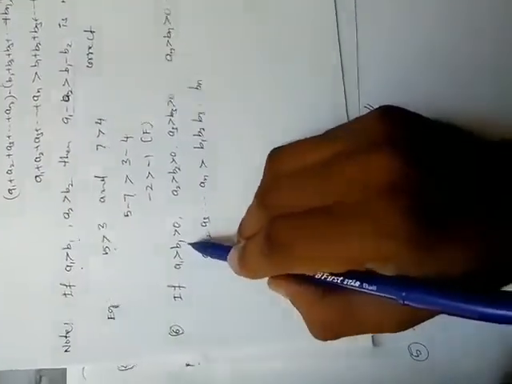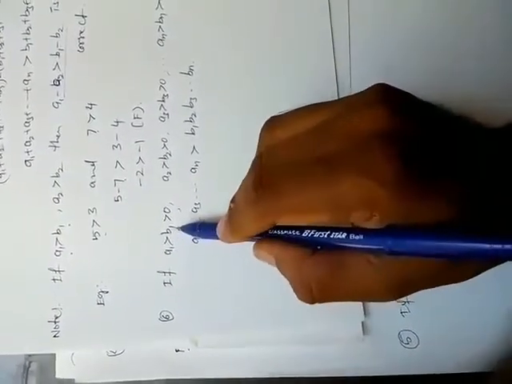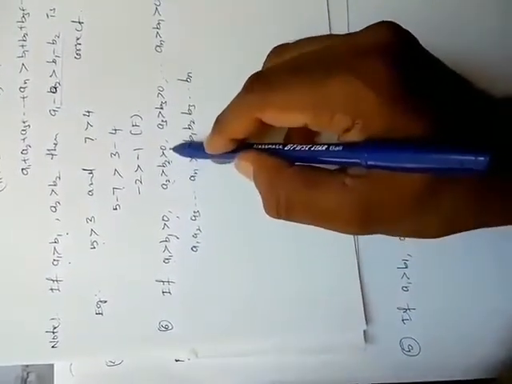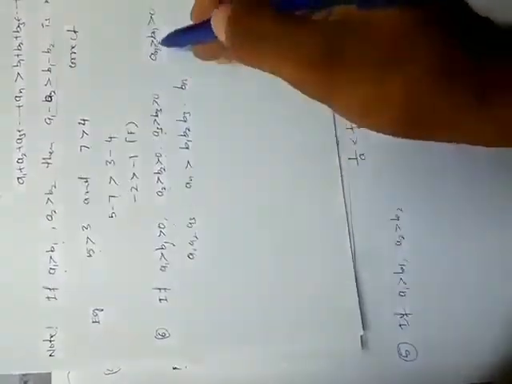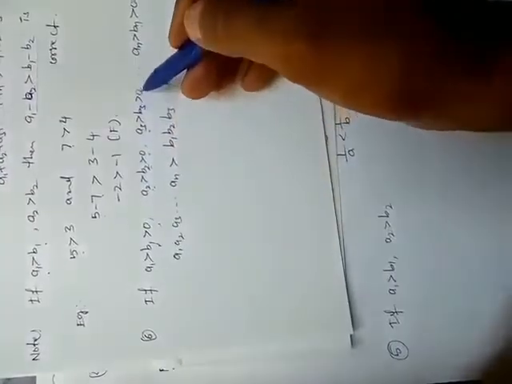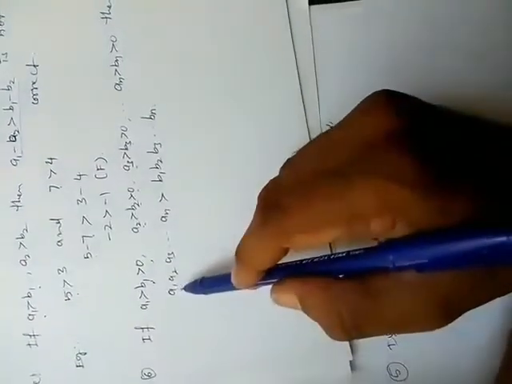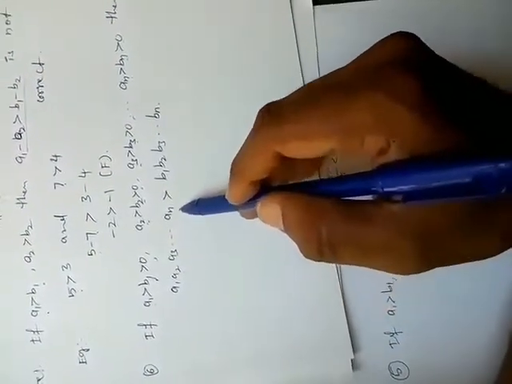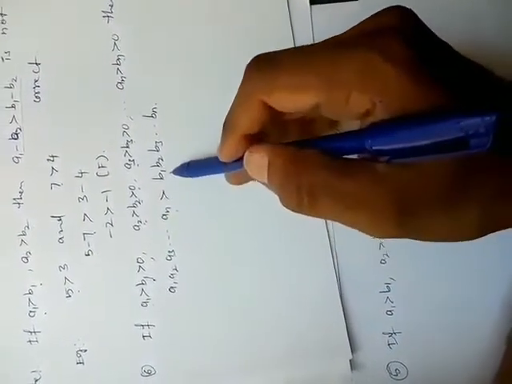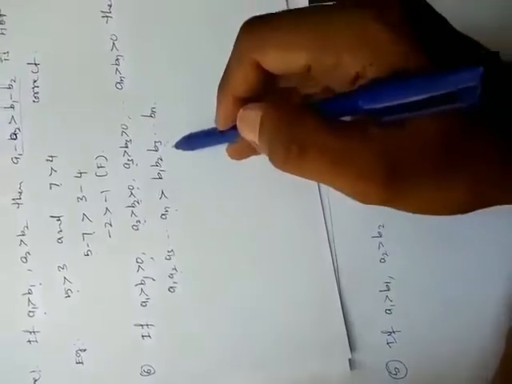So a1 greater than b1 greater than 0 means a1, b1 positive, a2, b2 positive, a3, b3 positive, an, bn positive, means all terms are positive. So the product a1 a2 a3 so on, an is greater than b1 b2 b3 so on, bn.